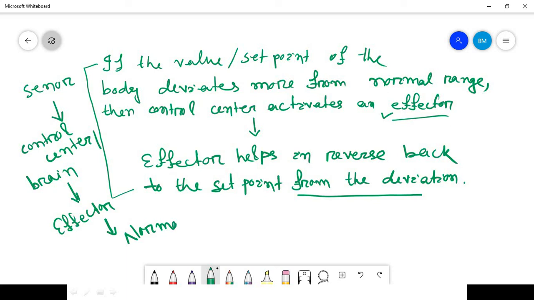Okay, normal value or physiological value, you can call it physiological value instead of set point. This whole mechanism comes under the negative feedback system.